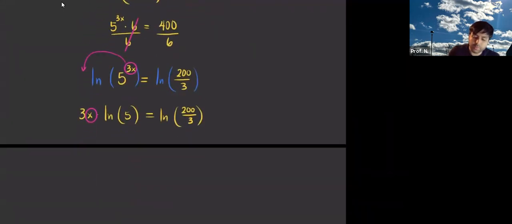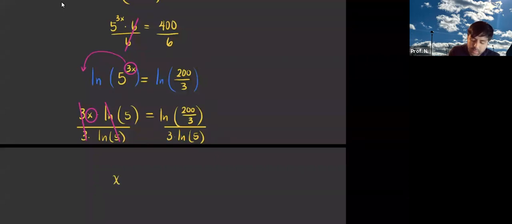Now what can I do? I can divide both sides by 3 times ln of 5. And then x is equal to ln of 200 over 3, divided by 3 times ln of 5.